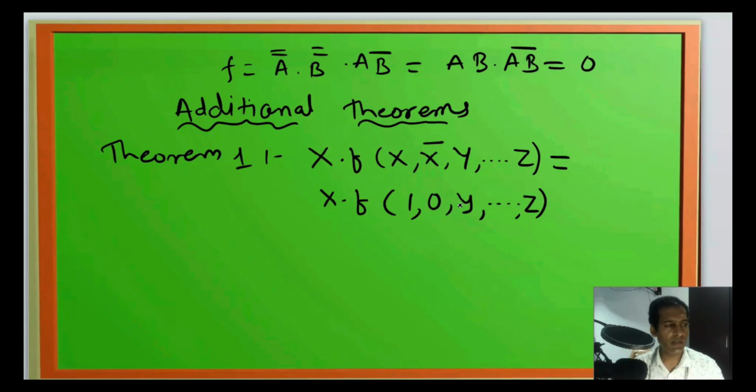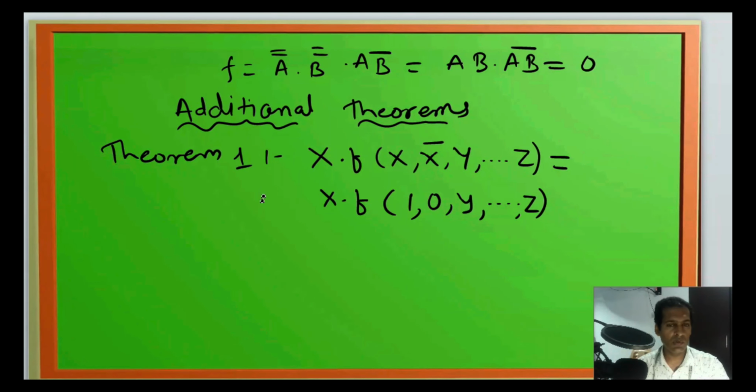Now this theorem states that if a function containing terms with x and x bar is multiplied by x, then all the x's and x bars in the function can be replaced by ones and zeros respectively.